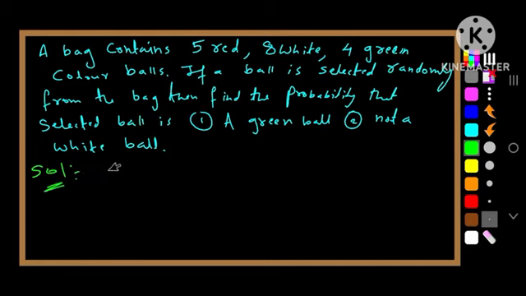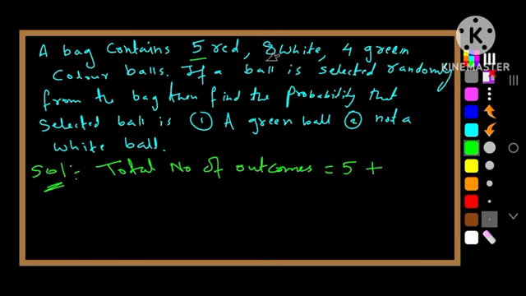Now we have to solve this problem. So first of all you have to find out the total number of outcomes. If you want to get the total number of outcomes, simply you have to add 5 plus 8 plus 4. So you will get 17. So 17 is our total number of outcomes.